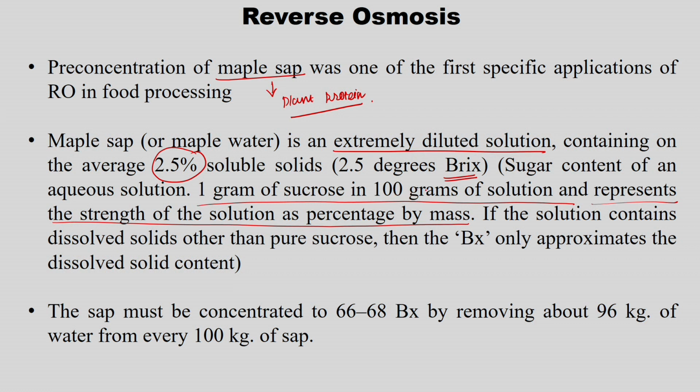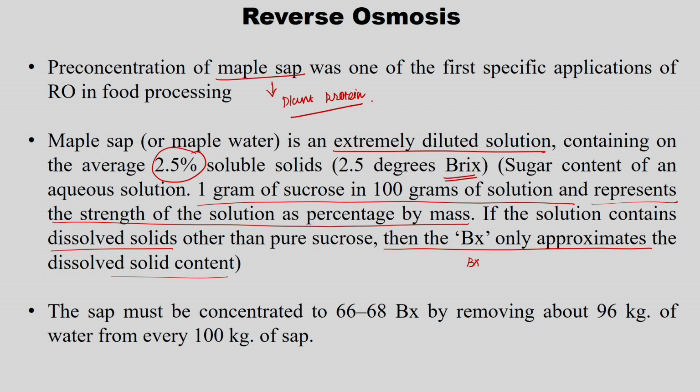That is nothing but 1 gram sugar in 100 grams of solution, which is 1 Brix unit. If the solution contains dissolved solids other than pure sucrose, then Bx only approximates the dissolved solid contents. So, the unit is Bx, which is nothing but Brix. This is just to tell you about the unit.